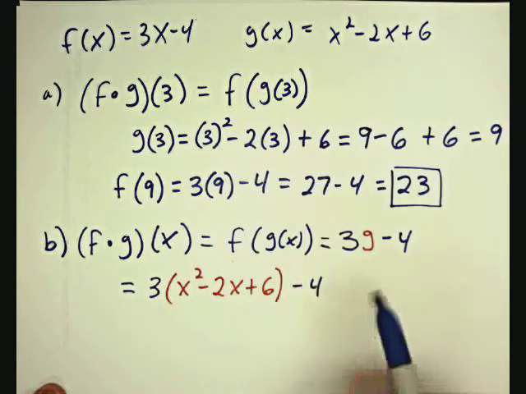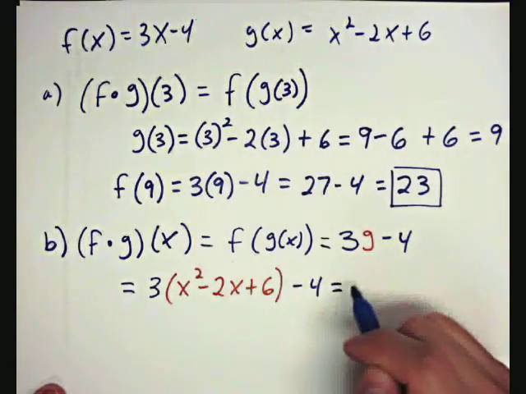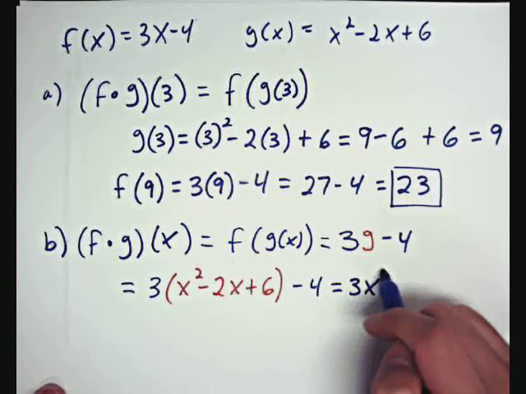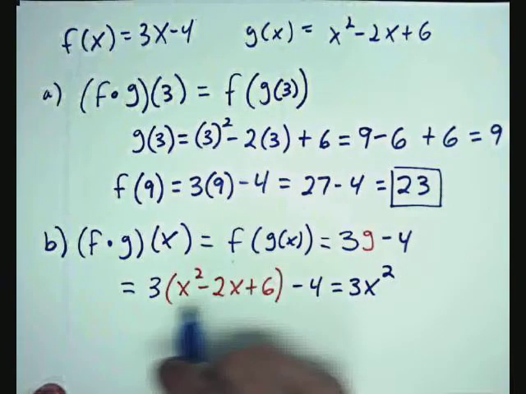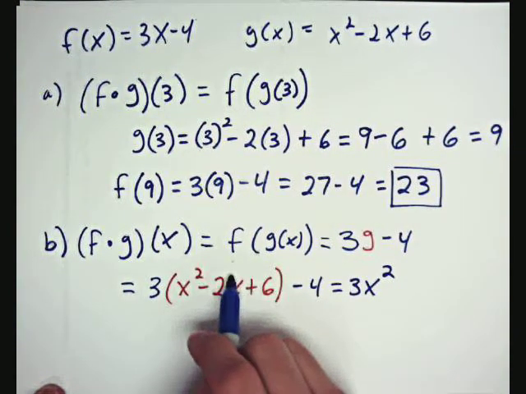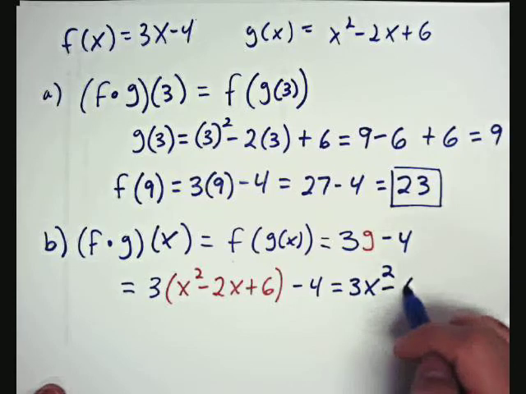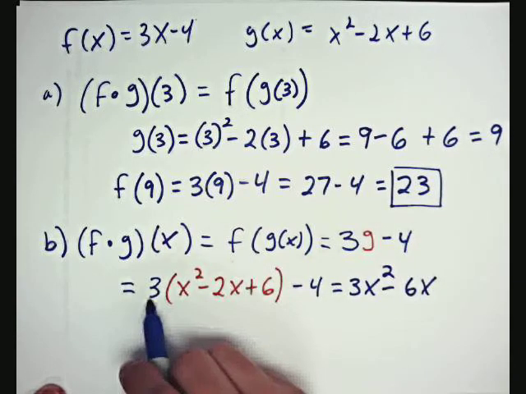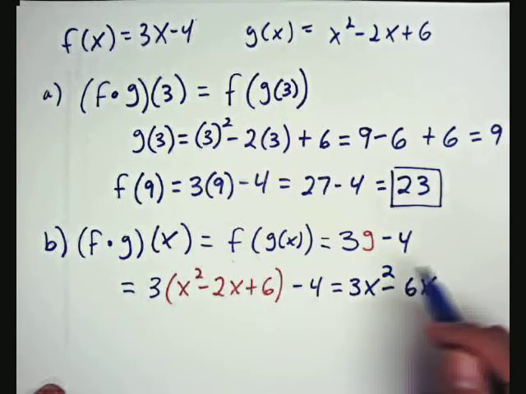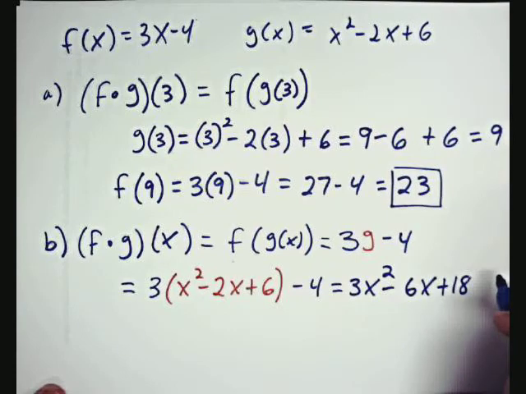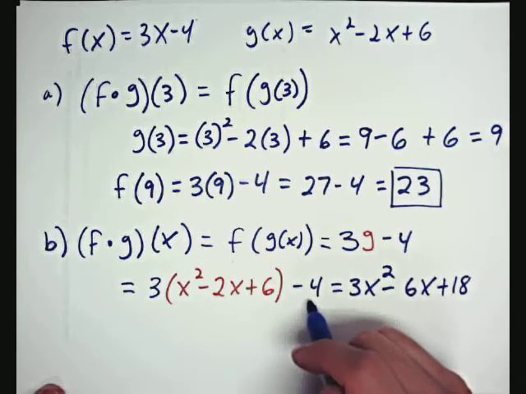Okay, so now simplifying using the distributive property, 3 times x squared is 3x squared. 3 times negative 2x is minus 6x. And 3 times plus 6 is plus 18. And then outside of the parentheses, we still have the minus 4.